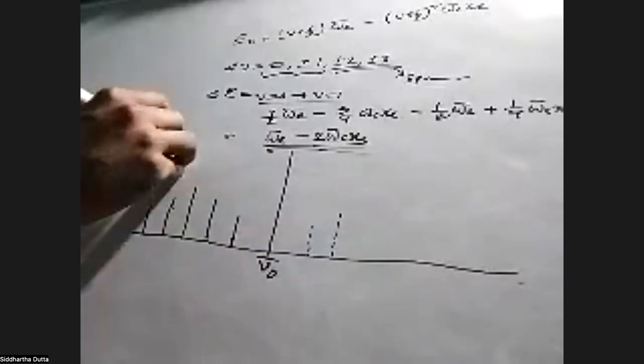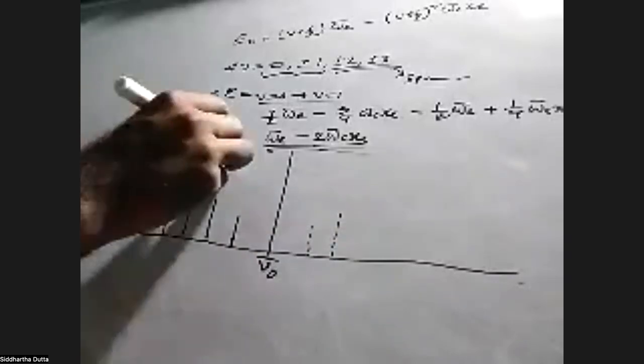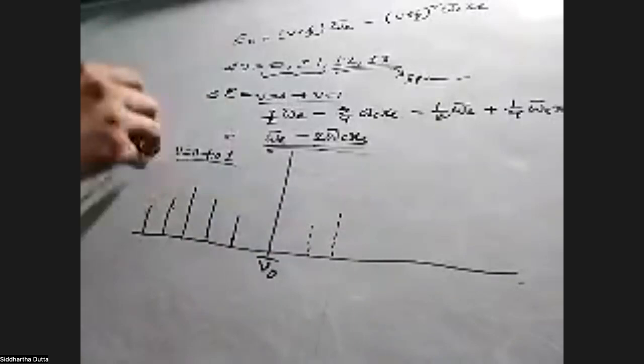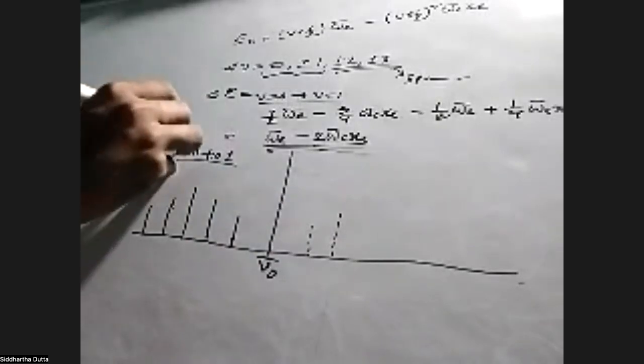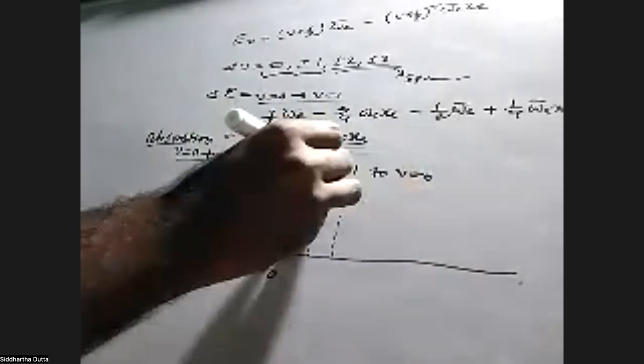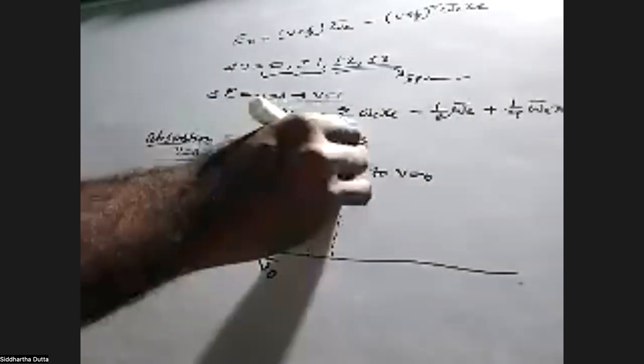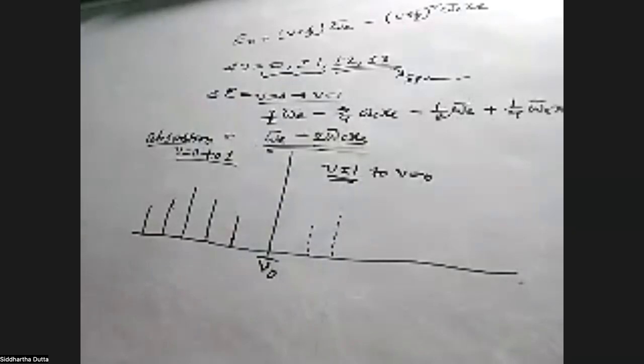The intensity of the anti-Stokes line is very low compared to the Stokes line. Here the energy change is v equal to 0 to v equal to 1, as the molecule absorbs the radiation, and in the anti-Stokes case it goes from v equal to 1 to v equal to 0. We know the population in vibrational level v equal to 1 is very low.